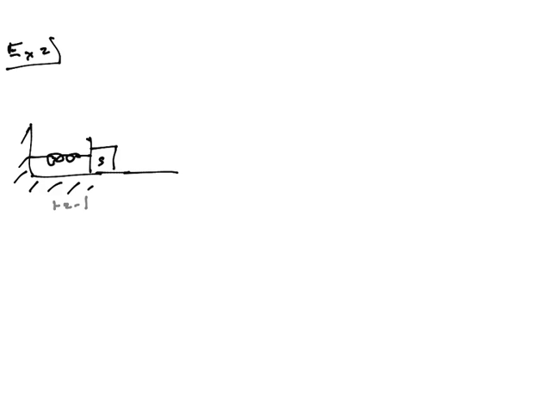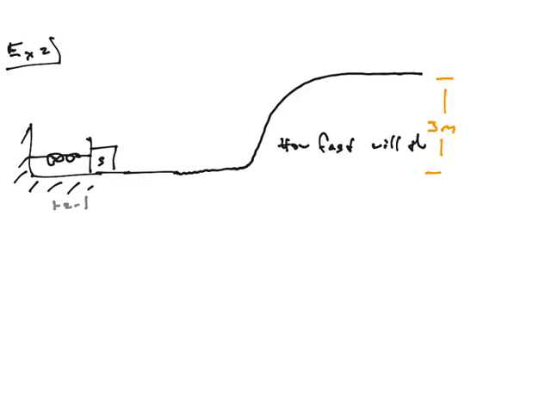And what's going to happen is it's going to slide around the ground, go up a little hill onto a ledge. If this ledge is 3 meters high, I'd like to know how fast will the block be moving at the top.